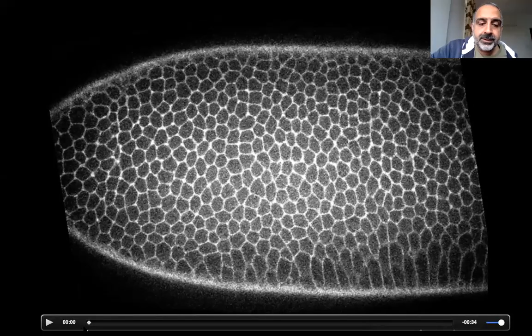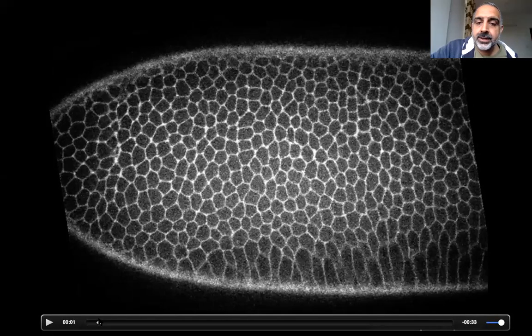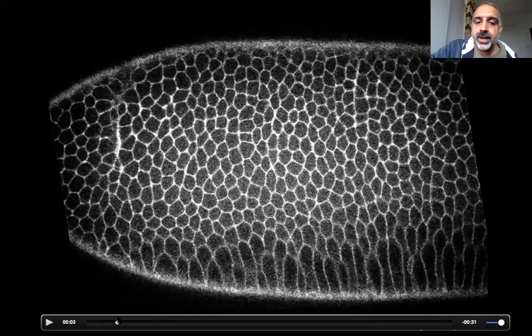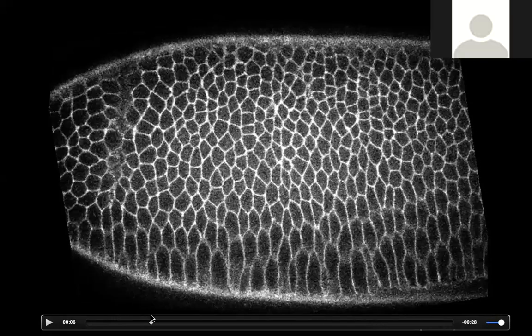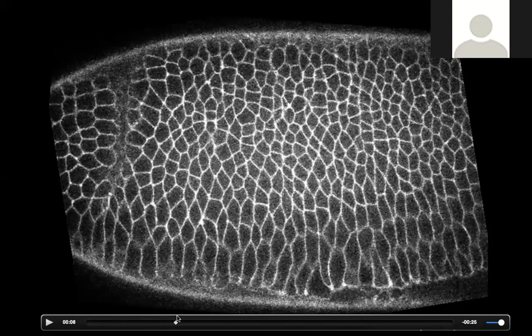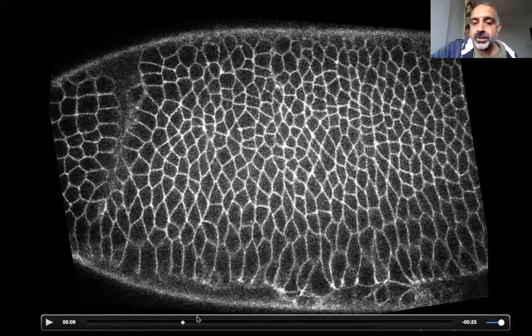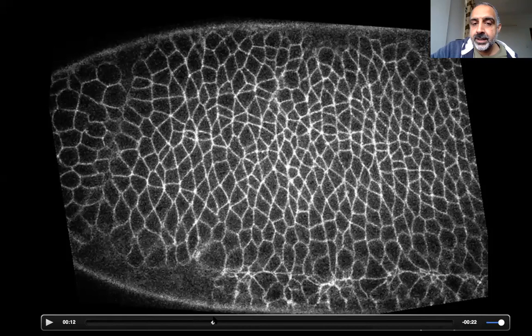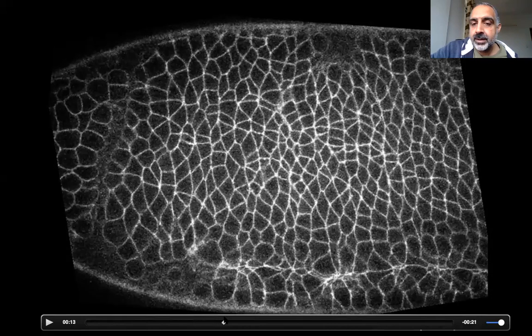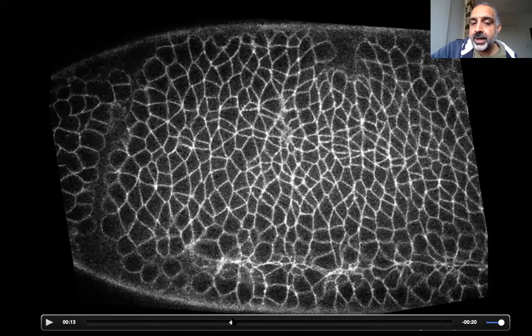But there is a change in where epithelial cells are going. It's maybe a little bit difficult to see, but if you focus on one epithelial cell, they're kind of folding in. Yeah, kind of folding in, not quite.